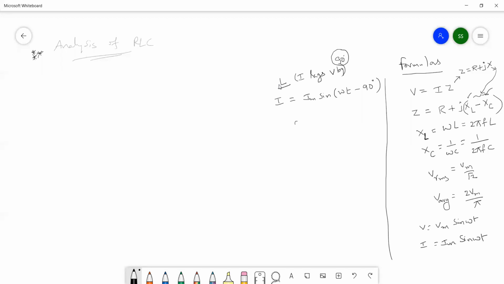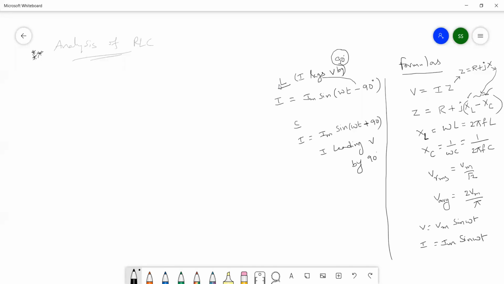If it is a capacitor, then the same equation will be updated as sin of omega t plus 90. Here the plus indicates leading. In a capacitor, current leads the voltage by 90 degrees. In an inductor, it lags.